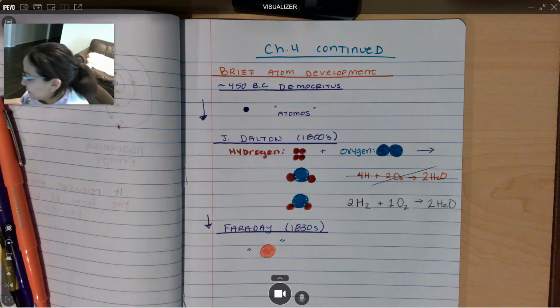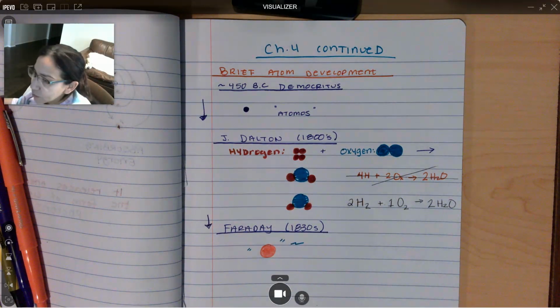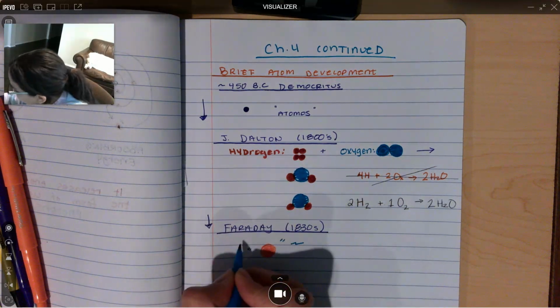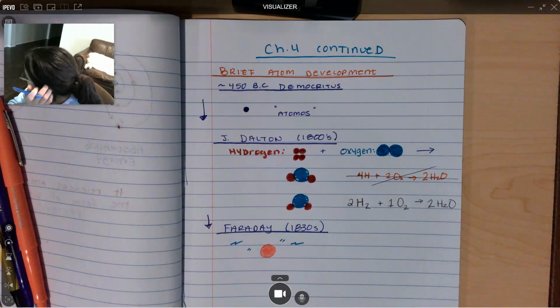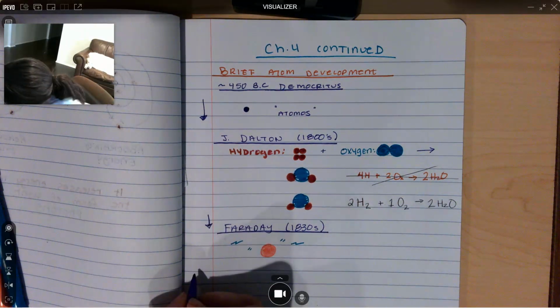I'm pretending that that's charges, okay? Electricity running through them. So Faraday discovered that atoms are electrically charged.